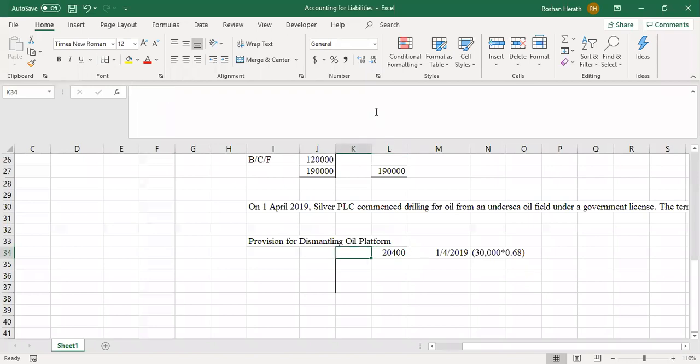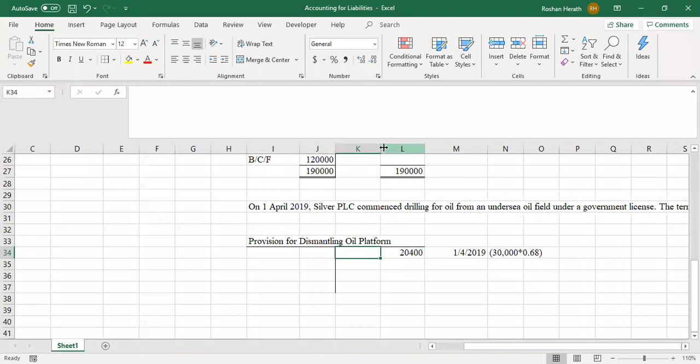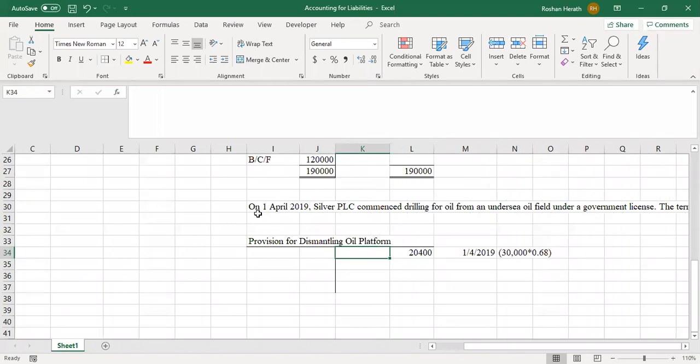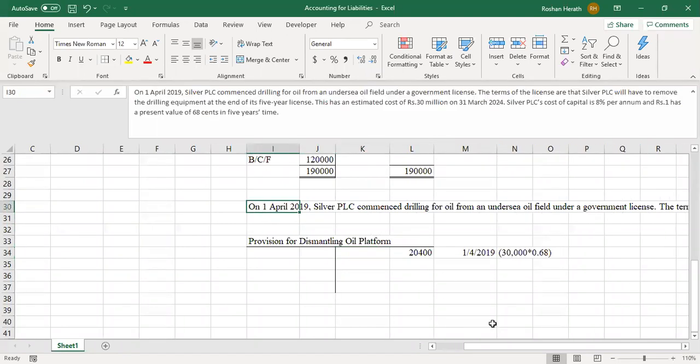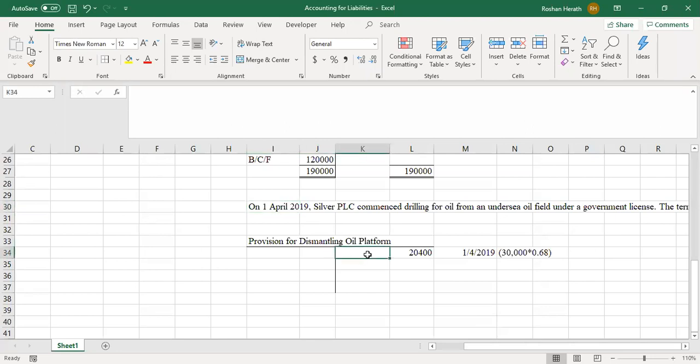So this is the credit entry, and tell me what is the debit entry? The credit entry goes to the provision account, while the debit entry goes to the oil platform account, which is a PP asset. How am I claiming so?